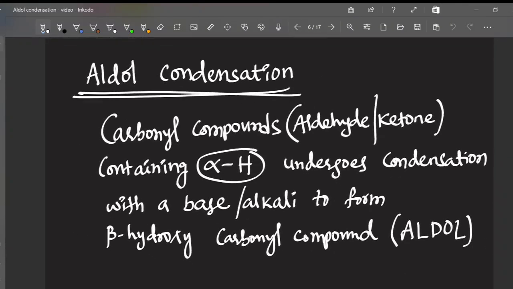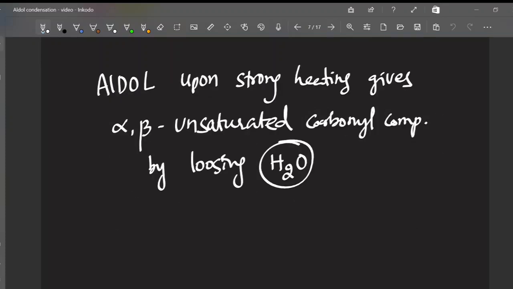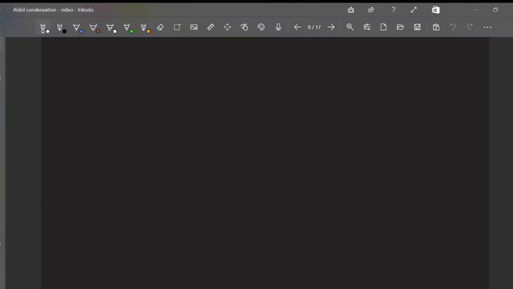Let us try to understand the definition once again. Carbonyl compounds containing alpha hydrogens undergo condensation with a base to form a beta hydroxy carbonyl compound, which is our aldol, and that upon strong heating gives an alpha, beta unsaturated carbonyl compound. Let us take one example. One must remember the condition: the aldehyde or ketone we are taking must contain alpha hydrogen.